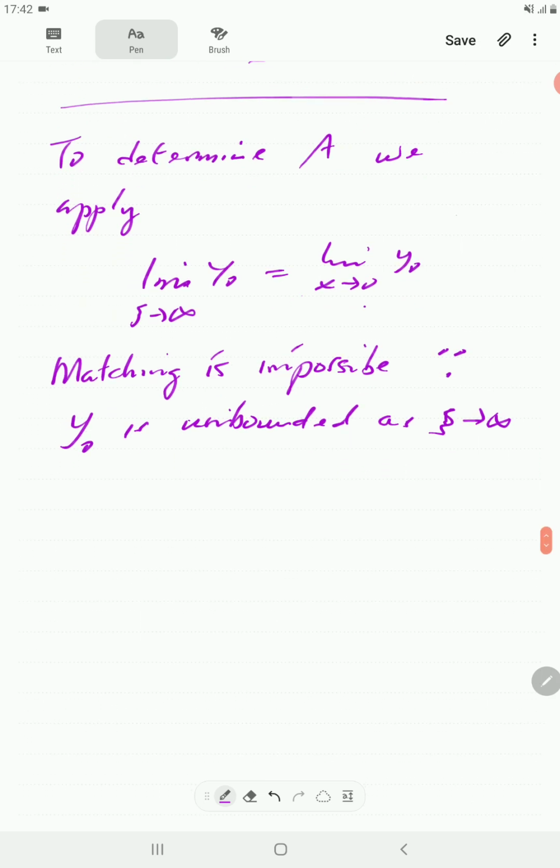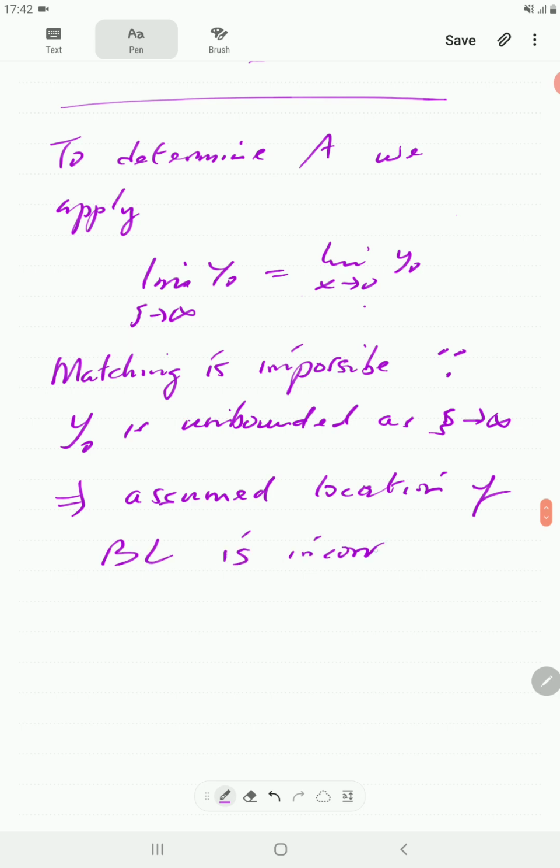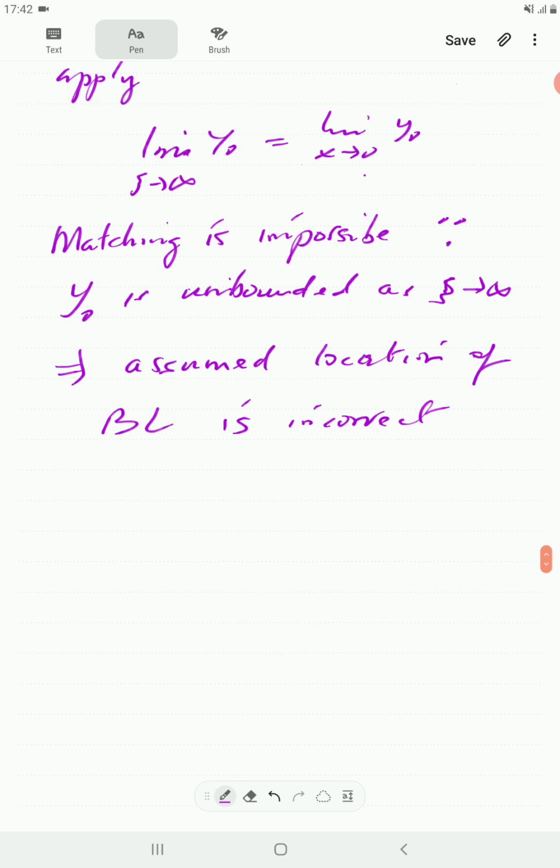So in fact, this is an indication that the assumed location of the boundary layer is incorrect. We are going to set up a criteria for deciding the location of the boundary layer in a moment.